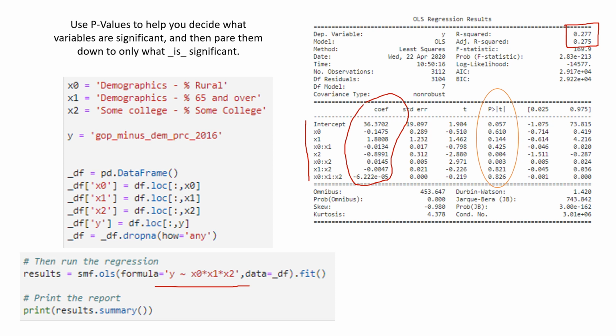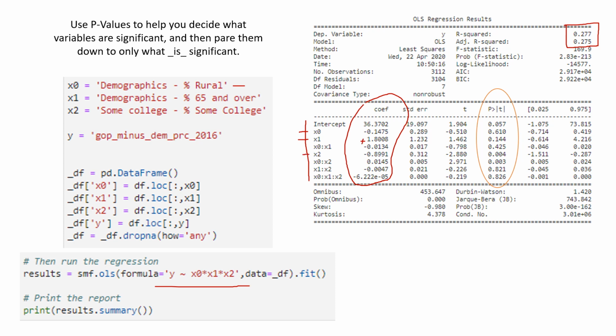In this expression of the model, what I'm finding is that x0, which corresponds to how rural they are, the more rural the population in this model, the less likely they are to vote Republican. In this one, the older the population, the more likely, you can see that this is a positive, the more likely they are to vote Republican.